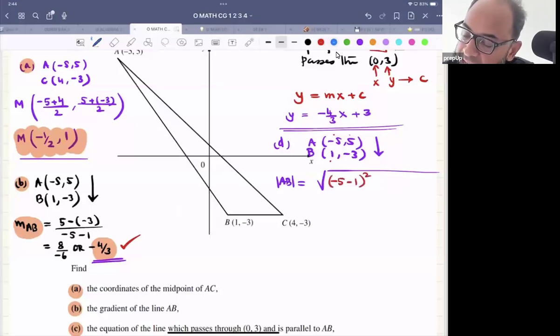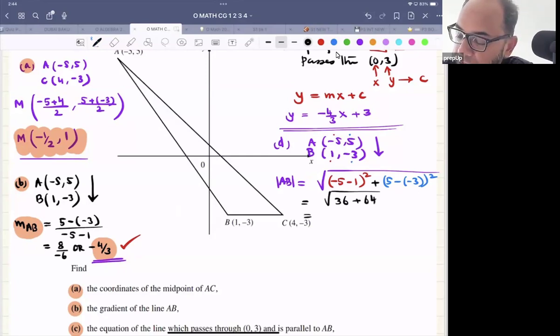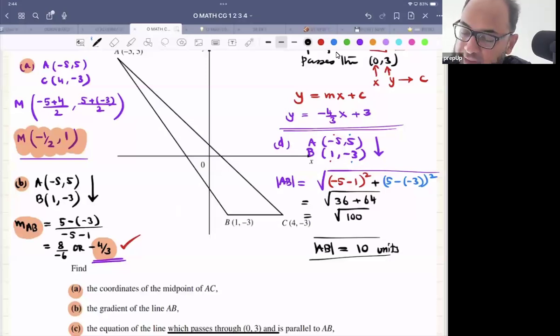The difference in the y coordinate, that is 5 minus 3, whole square. Let me draw the whole thing first and then the square, and put a plus sign in the middle. So negative 6 whole square, that is 36, 8 square, that is 64, and it adds up to a nice beautiful number, that is 100, and square root of 100. Therefore, the magnitude of AB, the distance, the length of the line segment is 10 units.